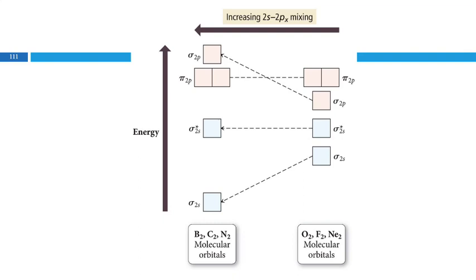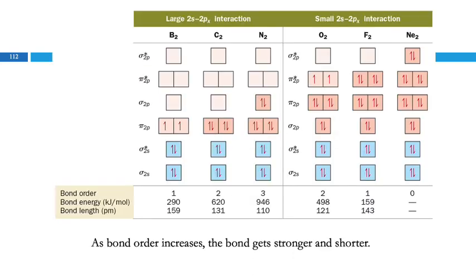The reason is because there's increased mixing of the 2s and the 2px for those smaller atoms. Personally, I don't really care about the reason, and I'm pretty sure nobody else in this room cares about it. Okay, so what are we showing here?